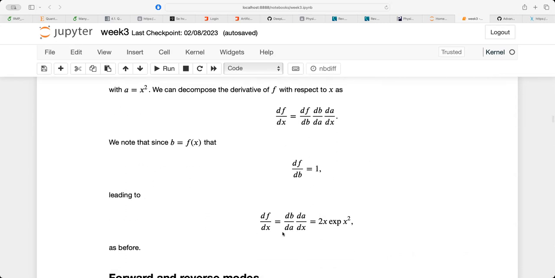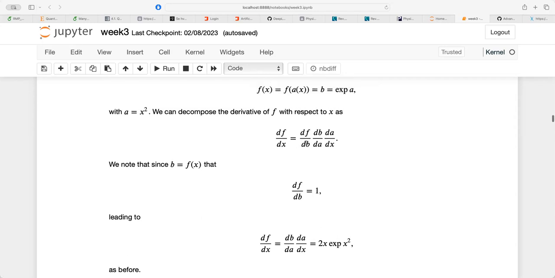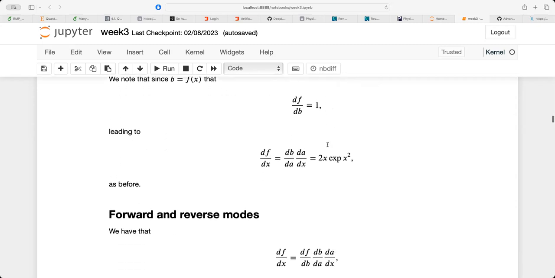That means that when I calculate it, we end up with the same expression which we had before. But now you see I've broken this down into the different derivatives, and this is something which I can set up as a graph. But I'm going to set up the graph when I come to a slightly more complicated example.